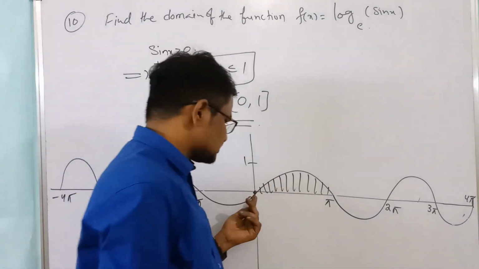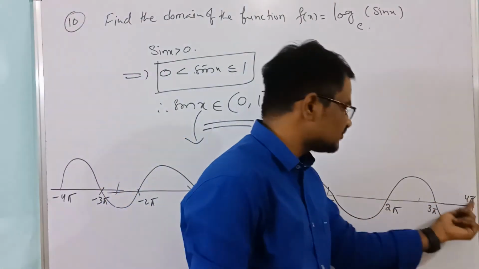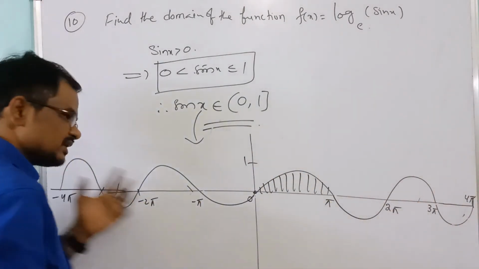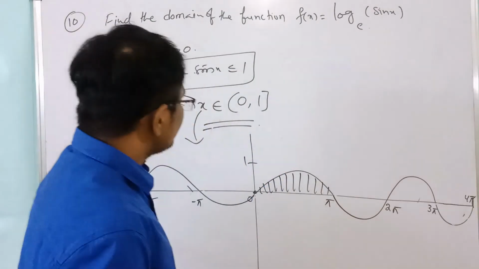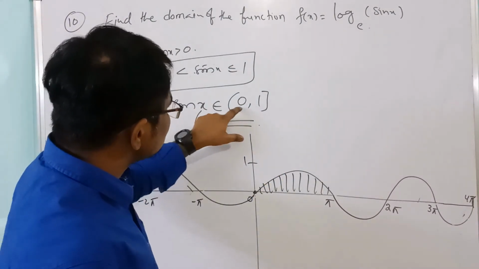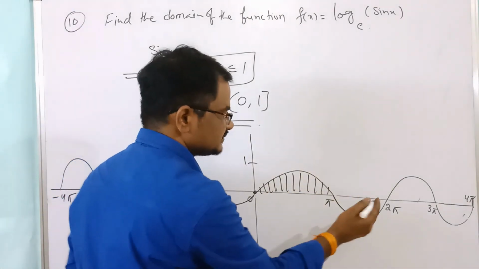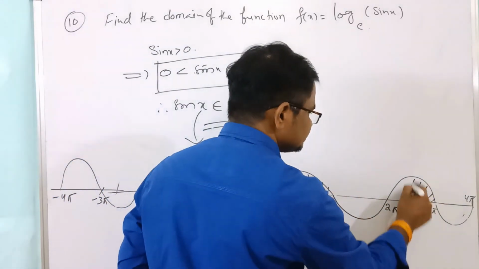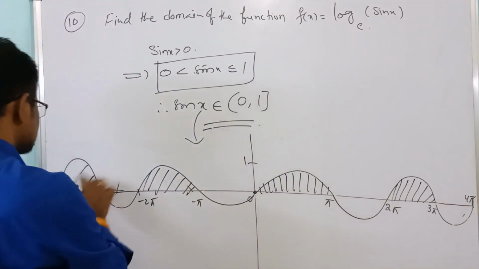Okay? Because sin 0, sin pi, sin 2 pi, 3 pi, 4 pi, minus 2 pi are all zeros, so they intersect the x axis. And now sin x belongs to the closed interval 0 to 1 means the positive area. This area you don't want, this one and this one, like this.